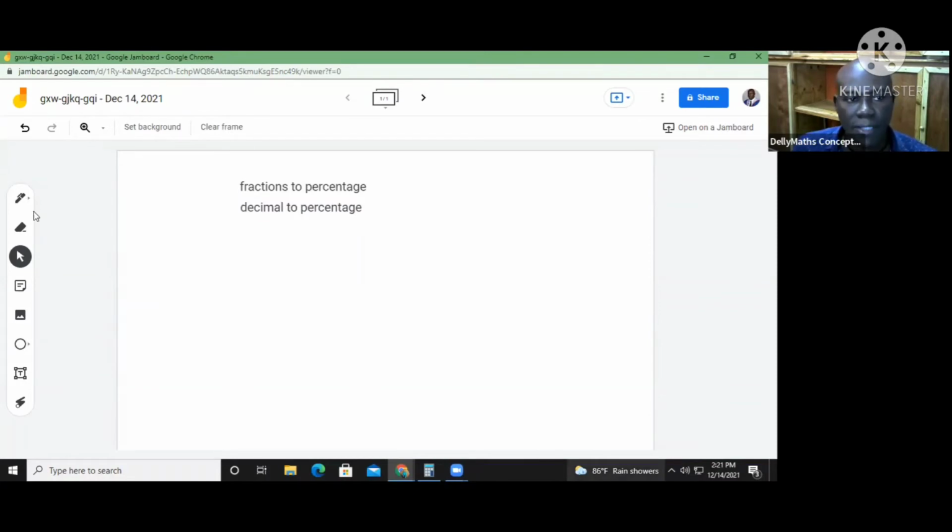All right, so definitely a percentage is out of 100, all the time. So if I have a fraction, let us say I have a half, and I intend to change this to percentage. Because percentage is out of 100, all I have to do is multiply my fraction by 100. So I could put 100 over 1.